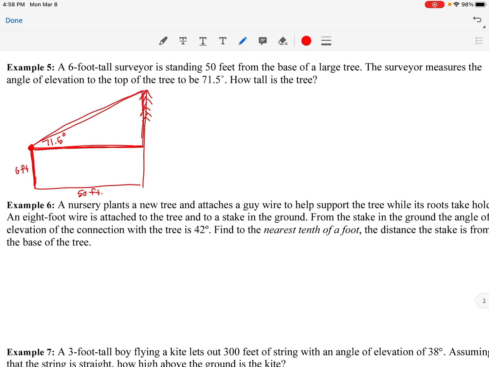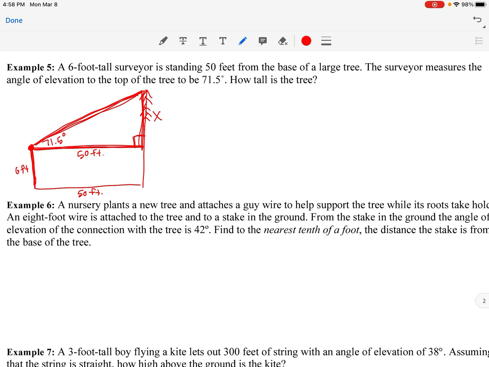So far, we can only figure out what we've been using with SOHCAHTOA. We can only do that with the right triangle. So I'm only going to focus on the right triangle here. I'm going to put X over here because I'm trying to figure out how tall the tree is. But once I find X, I have a little bit more to do. So of this triangle, let's move this up because that's part of the triangle as well, because that's the same distance.